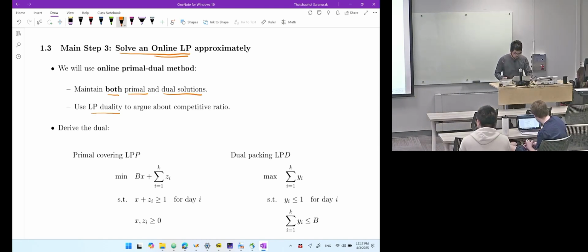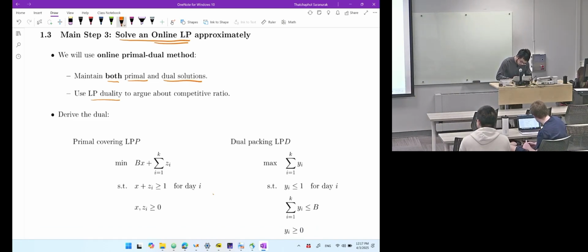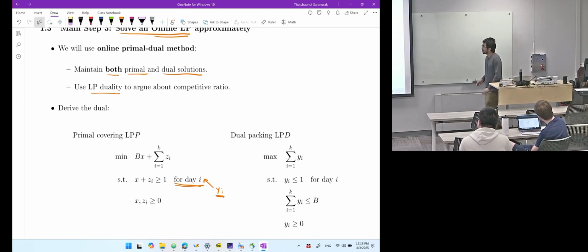What we do when you try to write the dual is create a variable for each constraint. This is called yi, and then you derive the dual.